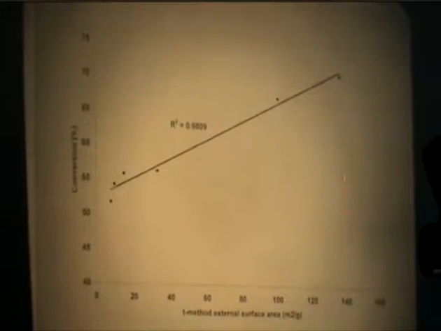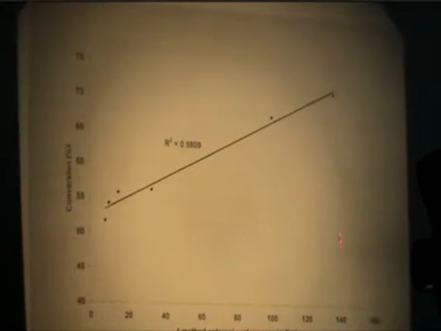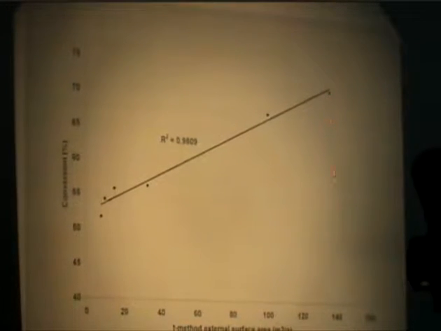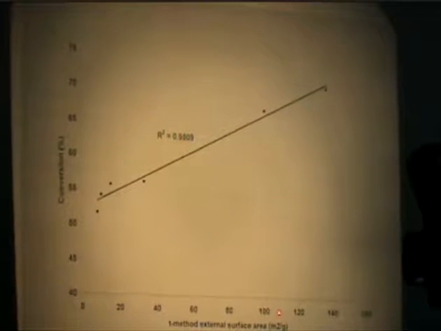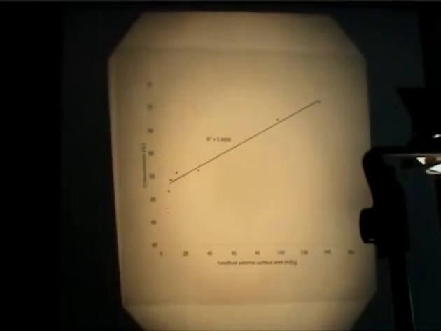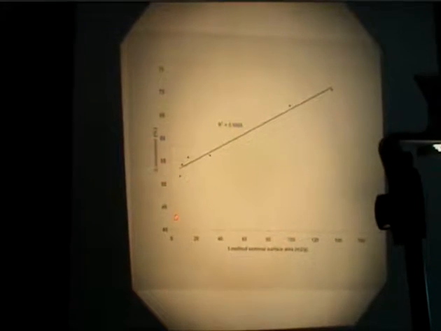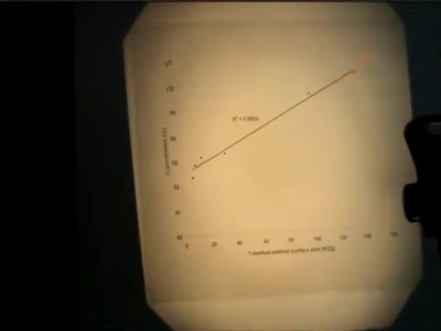So, for example, the last 2 samples there, which I didn't let you see, had surface areas of 140 and 120. That was not the internal pores, but the external surface. And of course, most of them had low external surface area and a lot of internal pores. But you see, we got the conversion.